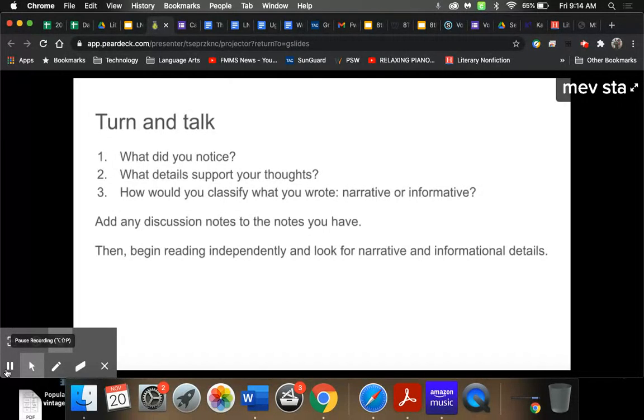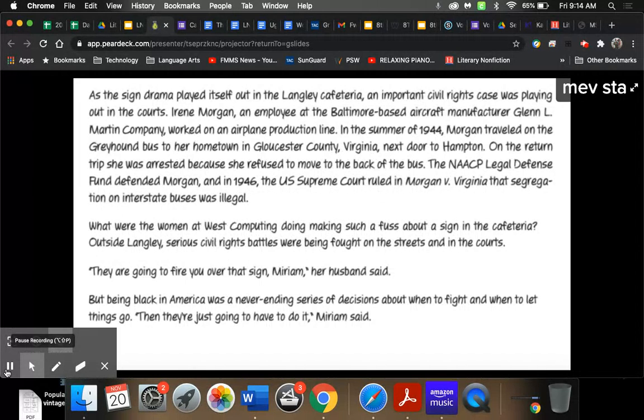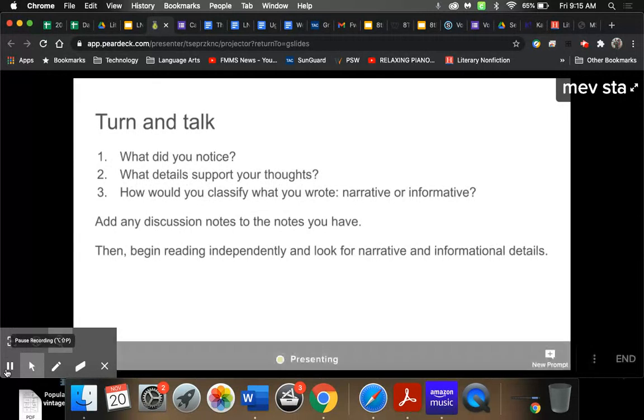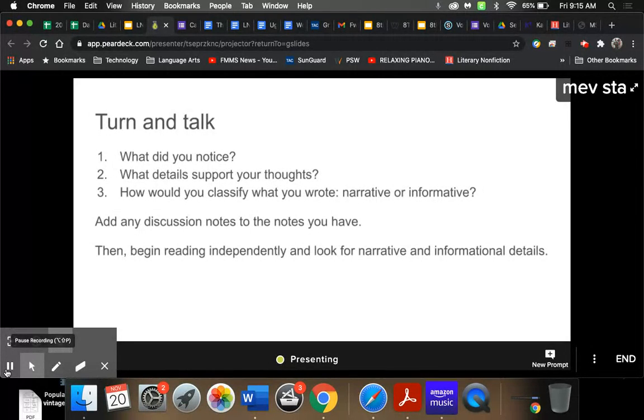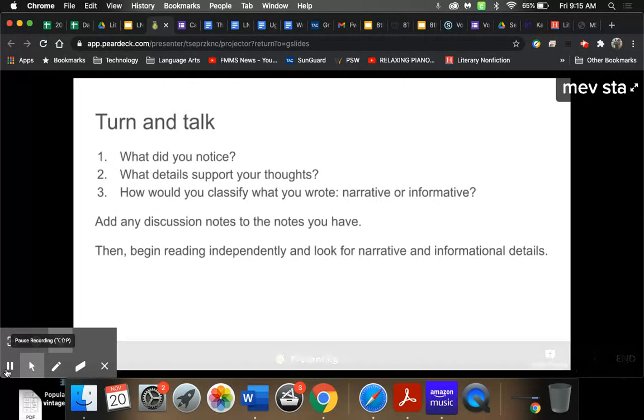It was talking about the NAACP and outlawing segregated busing. Okay, what else? Okay, so it might have seemed a little bit narrative because it was talking about the characters, right? It was talking about Miriam and how she was playing a role in removing the sign from the cafeteria. So we have a little bit of both in this passage.